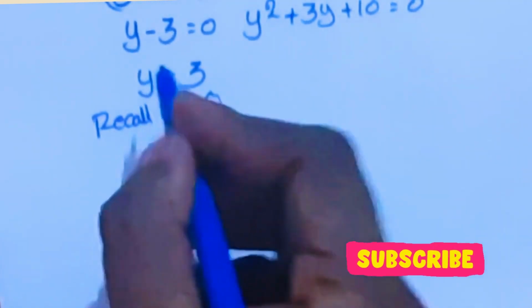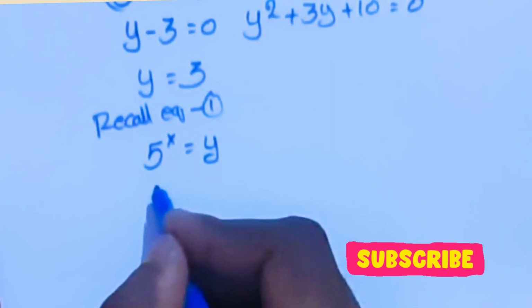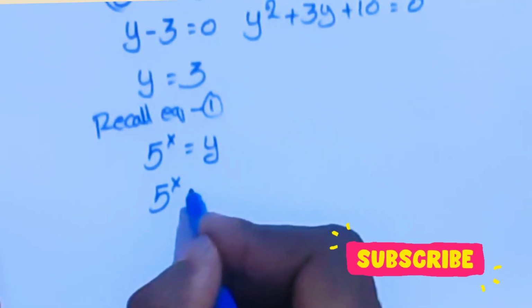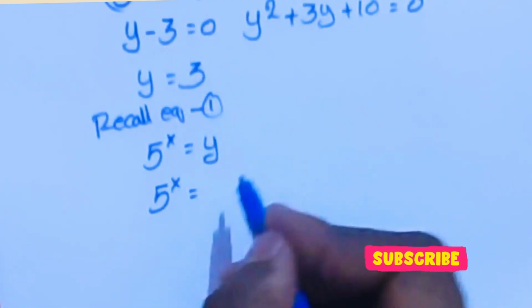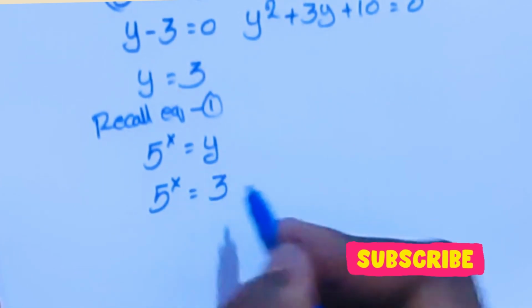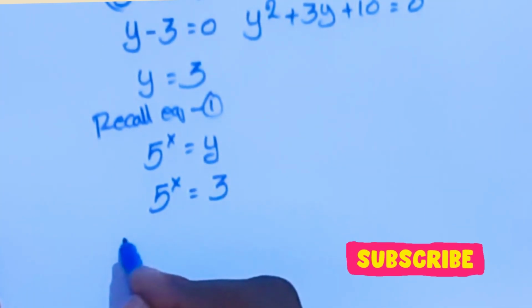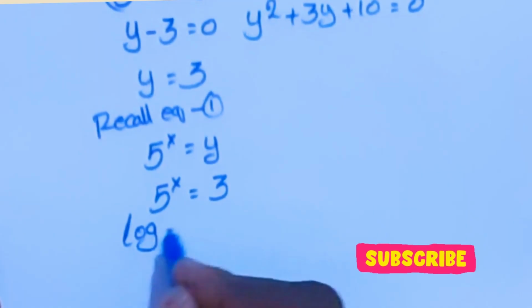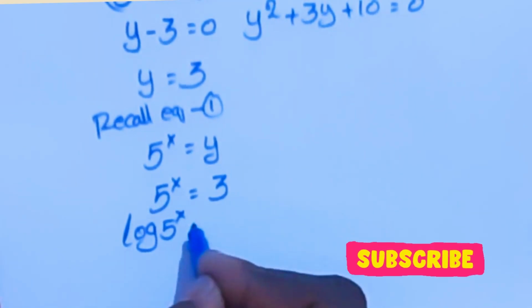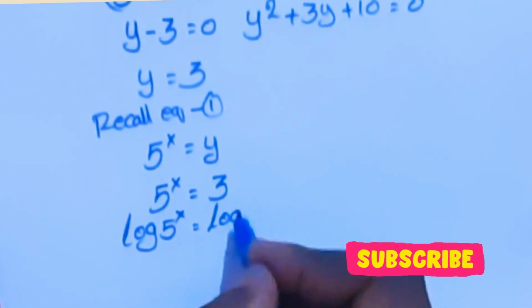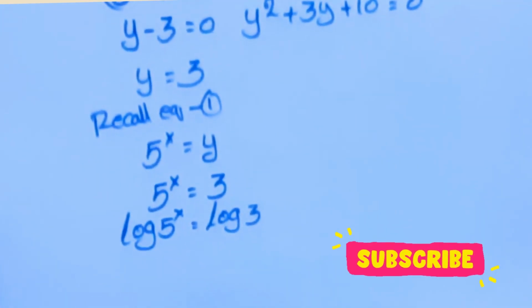Now applying here, 5 power x equal to y is here 3. Now take a log on both sides. Log 5 power x equal to log 3.